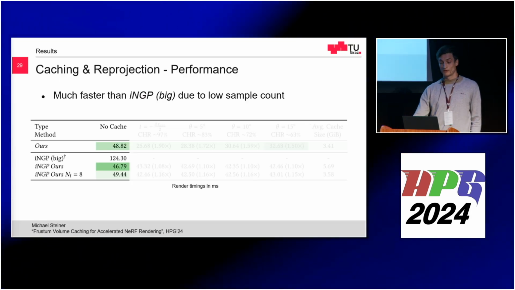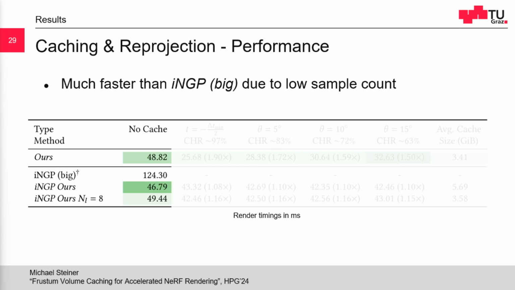In terms of performance, we can quickly see that our approach is much faster than Instant NGP due to the much lower sample count, and that our view encoding introduces no additional overhead.